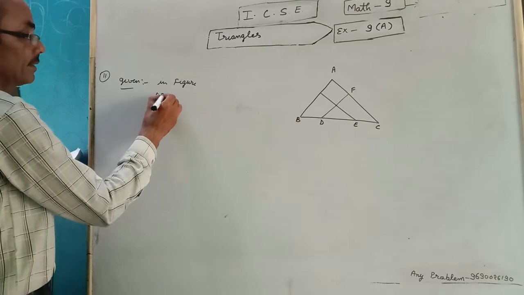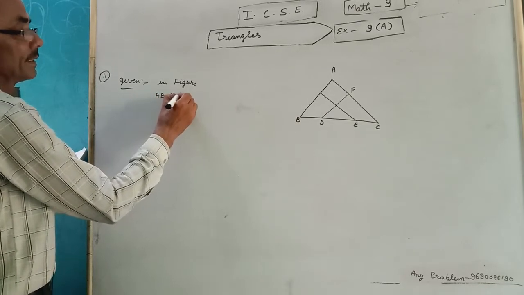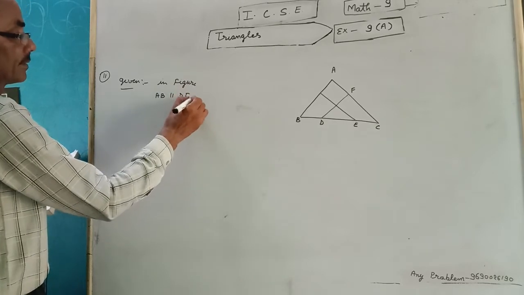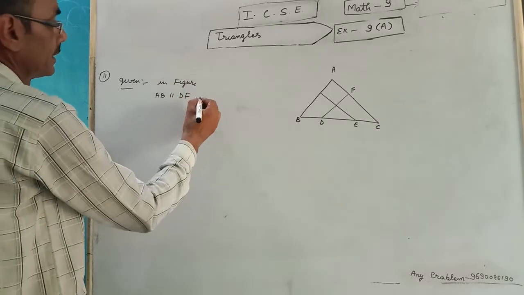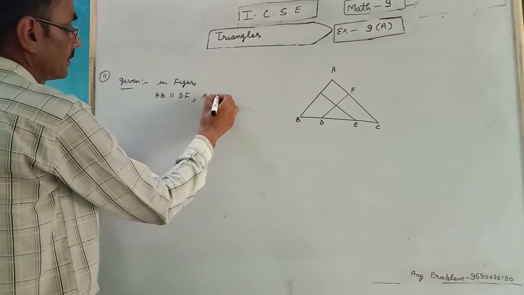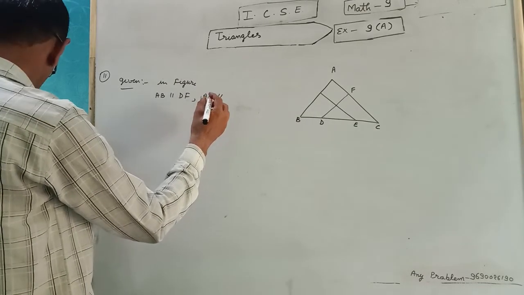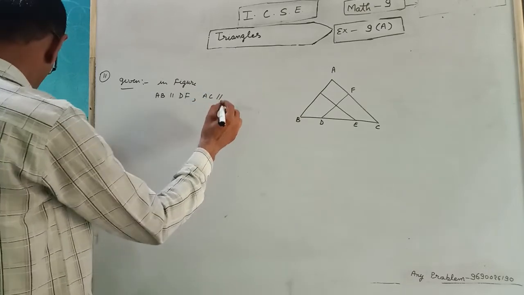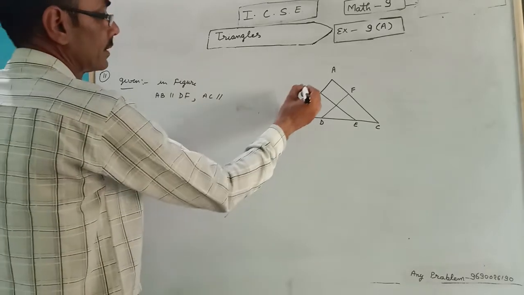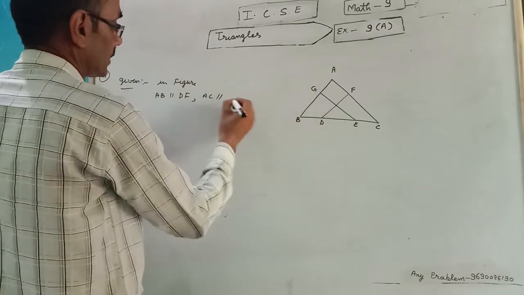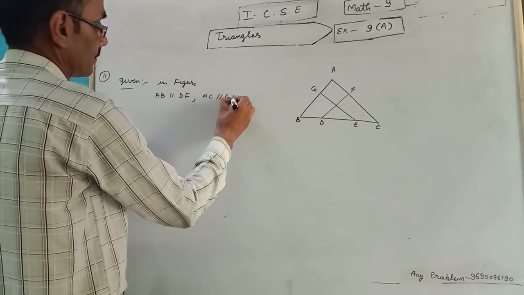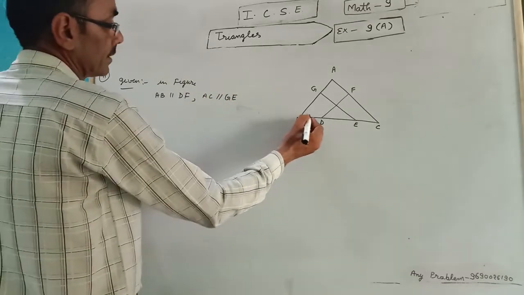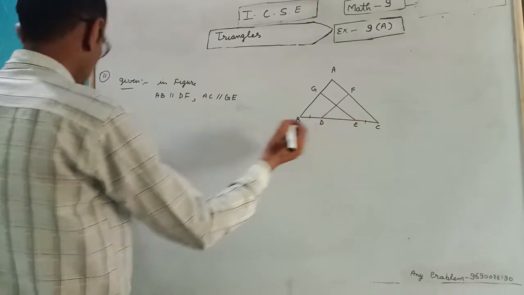AB parallel to DF and AC parallel to GE and BD equal to EC.